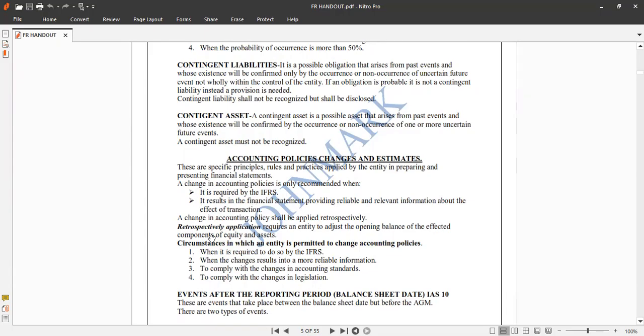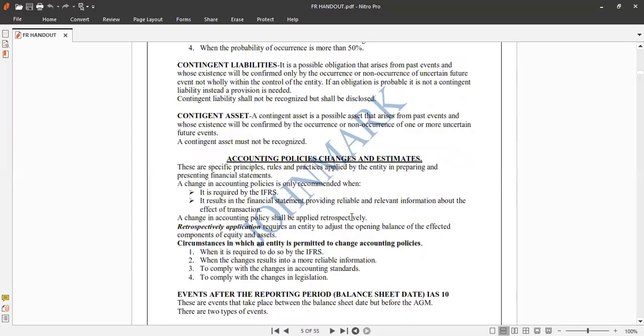So those are the two major circumstances under which an accounting policy change is required or advised. Number one, when it's required by IFRS. Number two, when the change will increase the credibility and reliability of the financial information. Then a change in accounting policy shall be applied retrospectively.